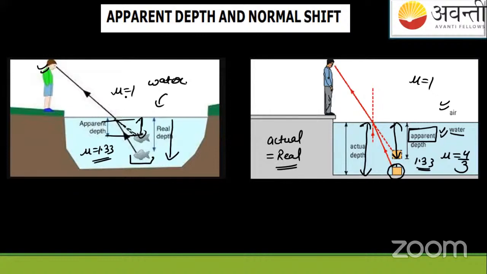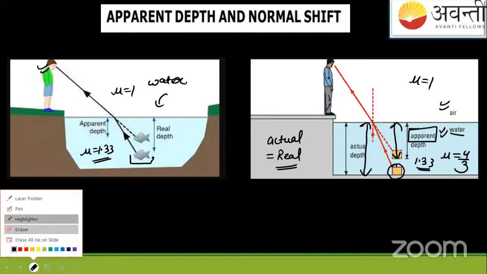So now let us observe this thing, that this one was the real depth, which was greater than this apparent depth. So this is the phenomenon: the thing which is actually at an actual depth is appearing to you as somewhat above. The reason is the rays. If you observe the rays here, students, suppose this fish.